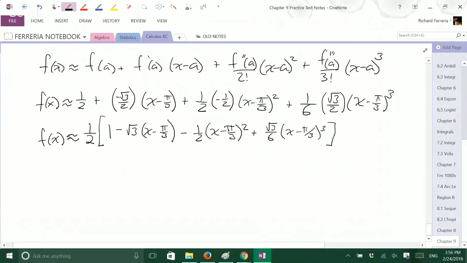Again, you're not under any obligation to factor out that 1/2. It's perfectly fine without it. Yeah, that's totally fine too. Okay. Questions on 7? Okay. There's 7.